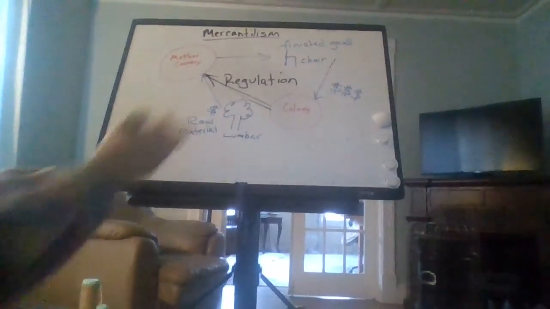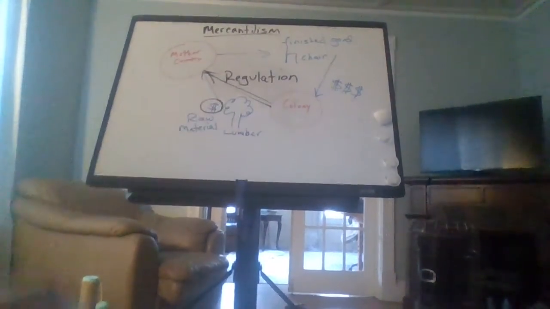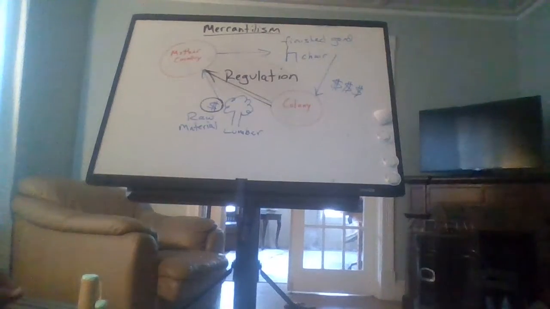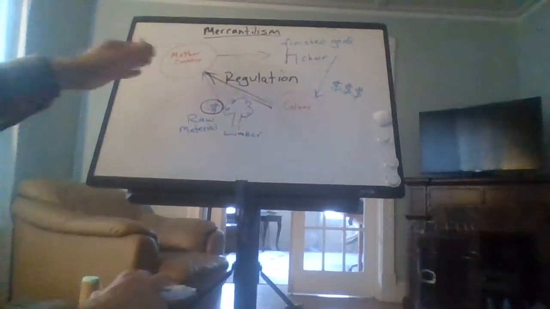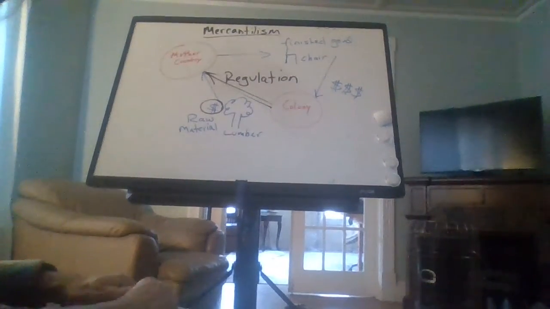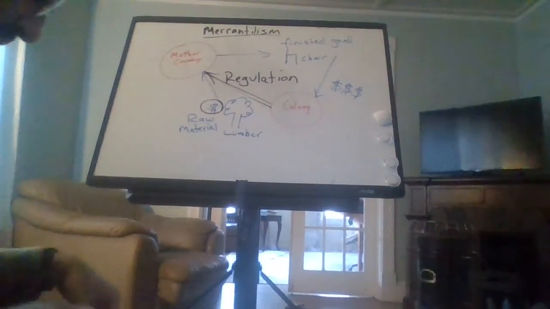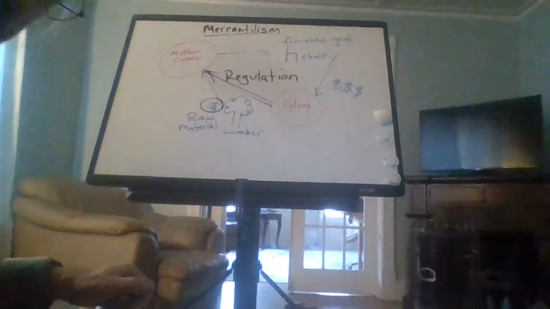So that guarantees the mother country can get whatever price they want for the raw material. So in this case, the mother country has control and they're always going to have a positive balance of trade.